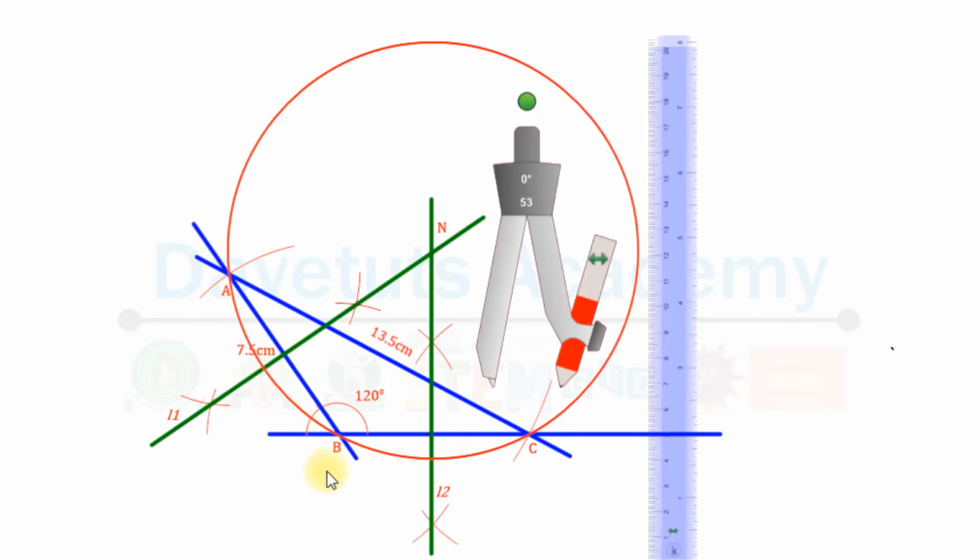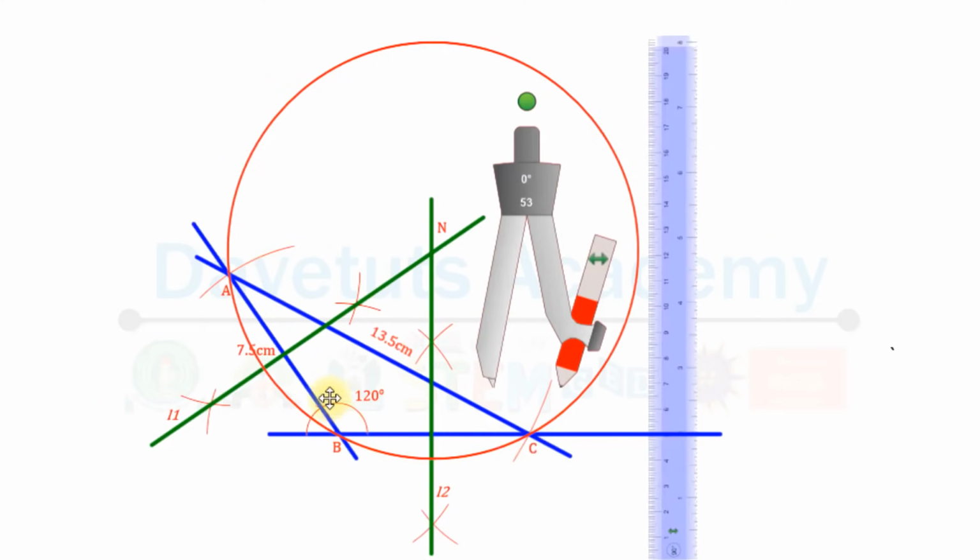Then we use our ruler to construct the line AB, and then from A we now mark off from the protractor on the ruler, we mark off 13.5 centimeters and put the needle point on A, and then we mark off the arc of 13.5 centimeters on the line coming from B to get our C.